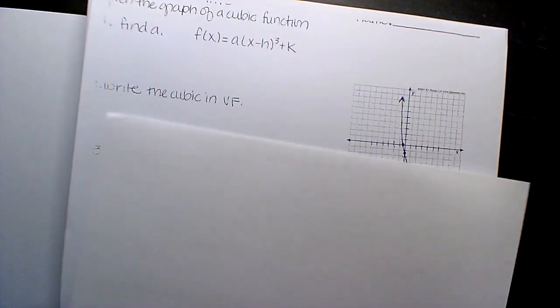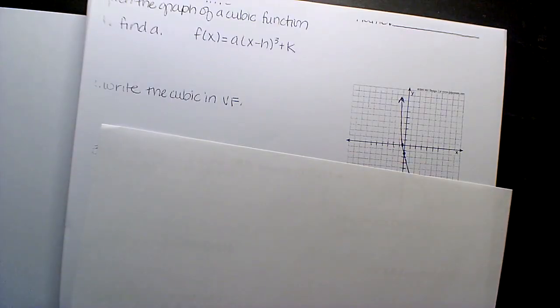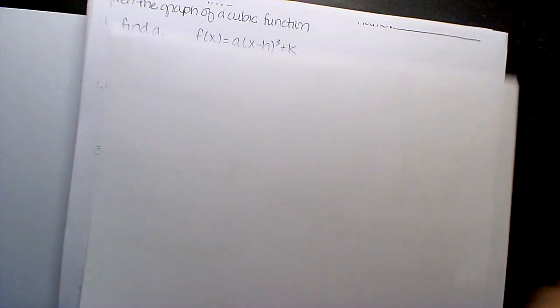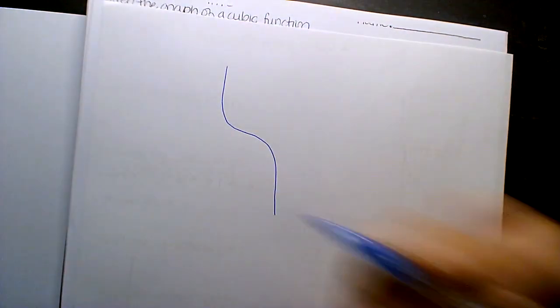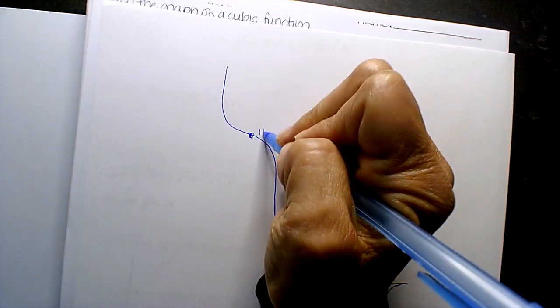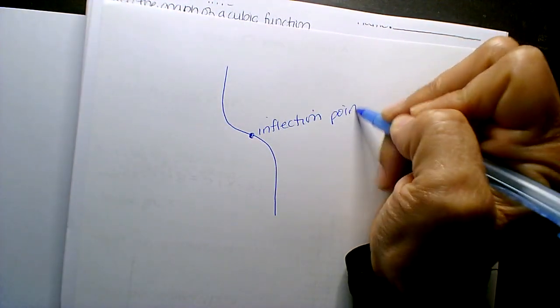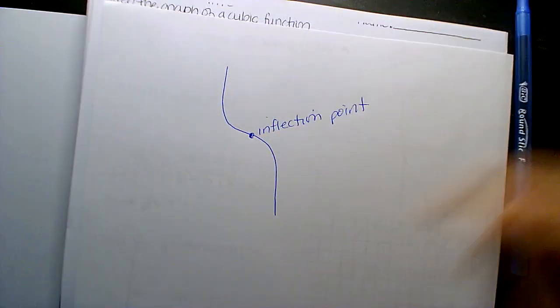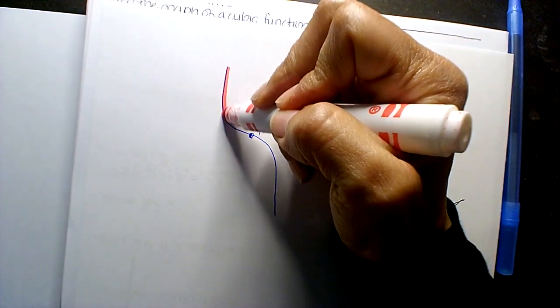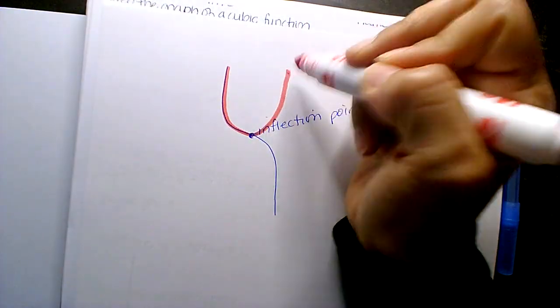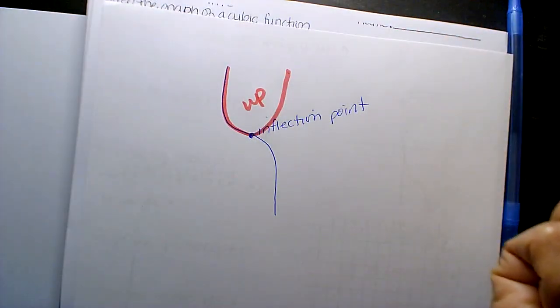Yeah. Okay, so what I mean is, if this is the way the function looks, here's your function. This is your inflection point. If I was to continue this, if I was to go up, see how that's concave up?